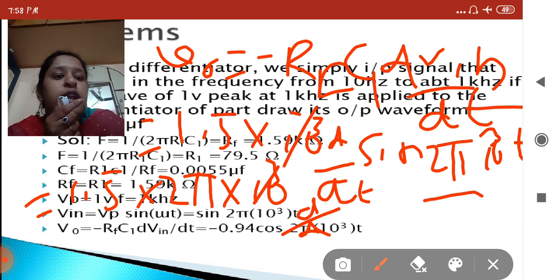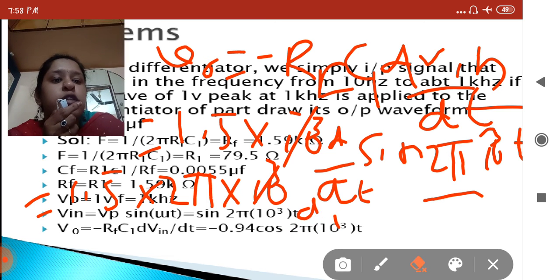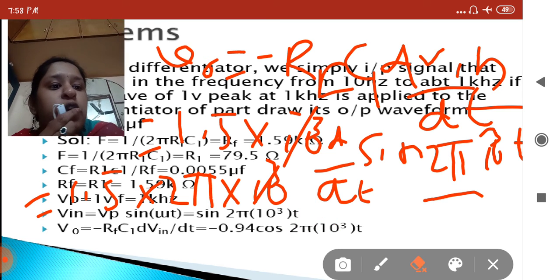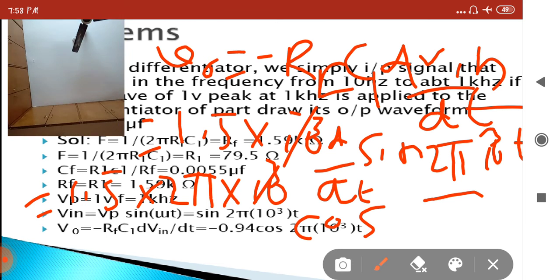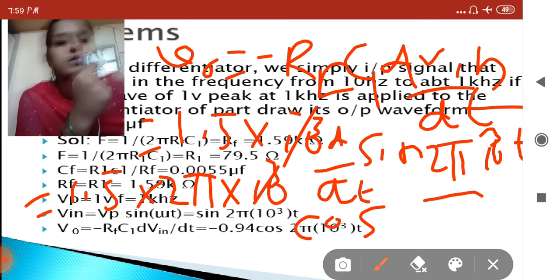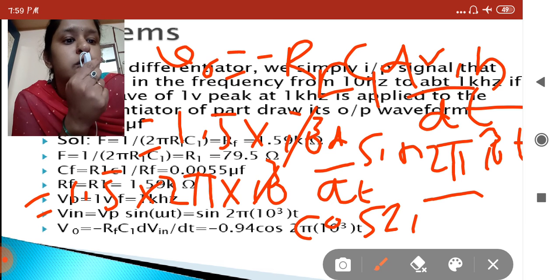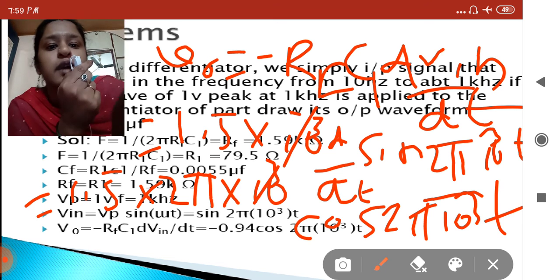Instead of d by dt of sin, what comes is cos of 2 pi 10 raised to 3 into t.